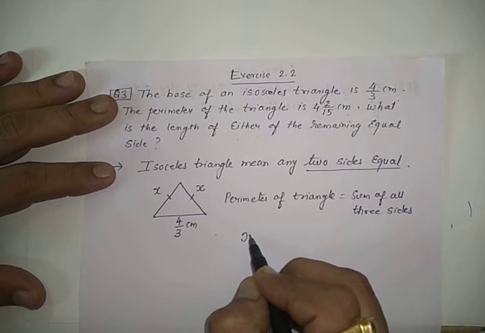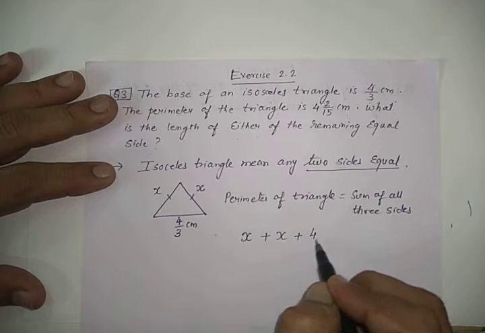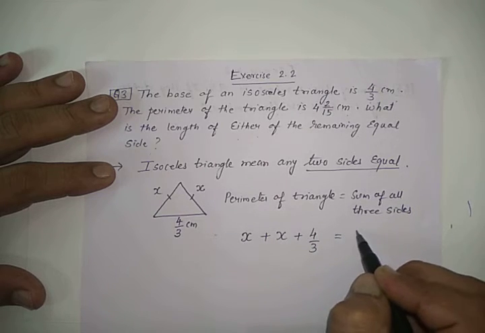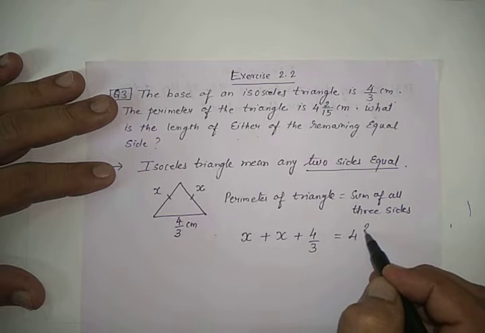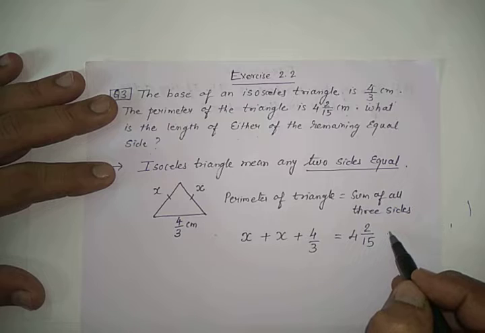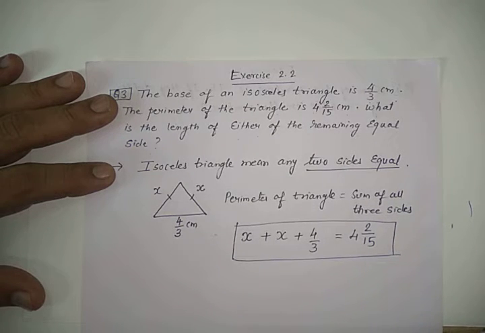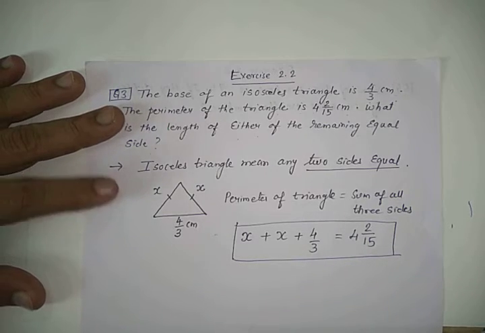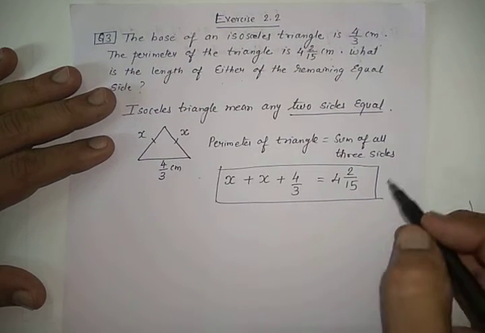Okay. And they have also given what the perimeter is. So first side x, second side also x, third side 4 by 3, and the sum of all sides is 4 integer 2 by 15 centimeter. So from this equation we can get the value of each side. Clear? Let's try to solve this given equation.